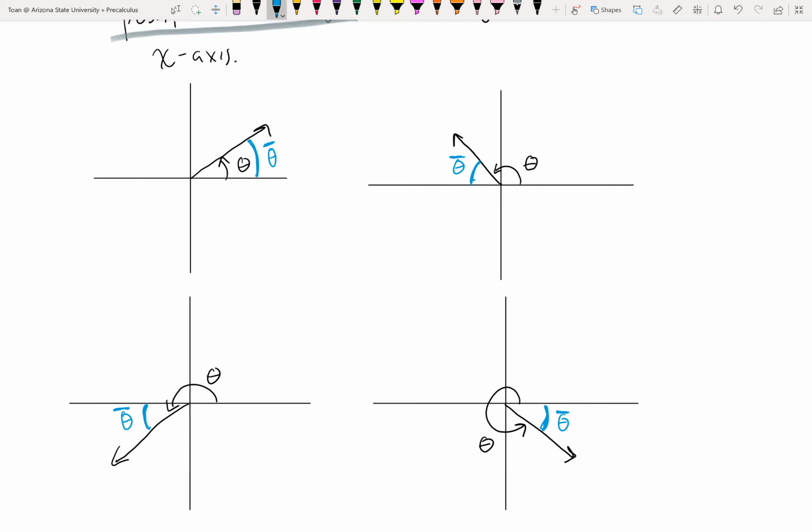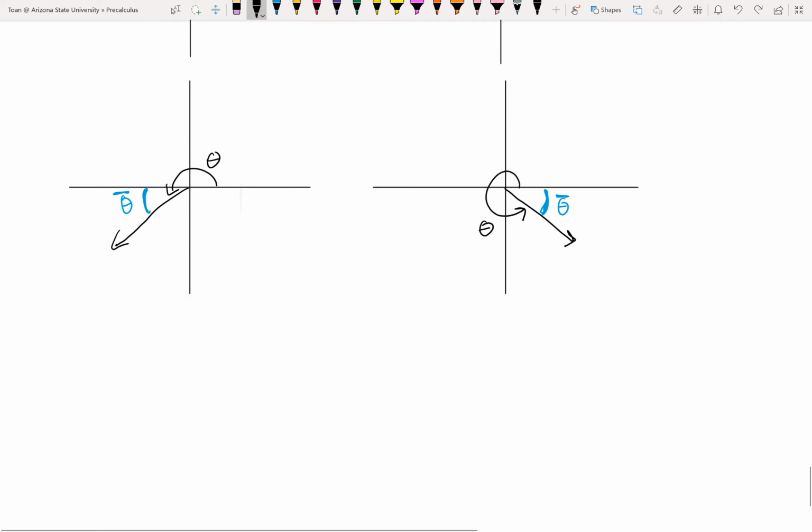Notice I didn't put any arrowheads on the blue angles because I really don't care, because it's always going to be positive. So knowing what quadrant you're in is super duper helpful in figuring out what your reference angle is, because you can visualize where it is.